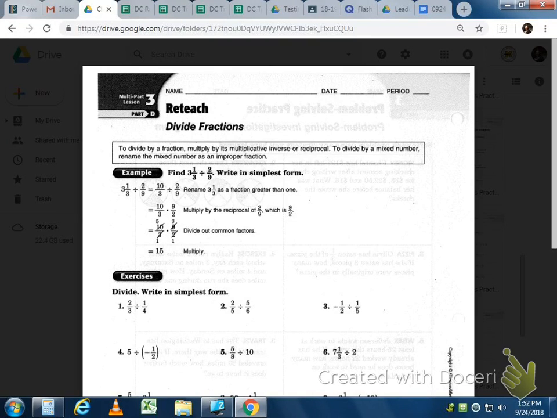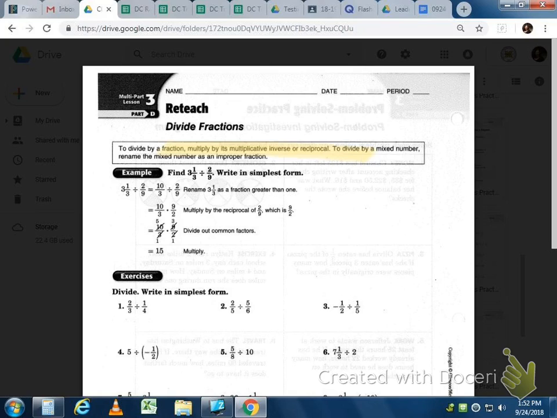3.3D, divide fractions. I usually do this lesson in conjunction with the multiplication, because if you read what it says in the box, to divide a fraction, you multiply by its multiplicative inverse or reciprocal.